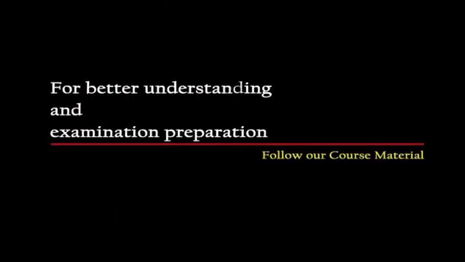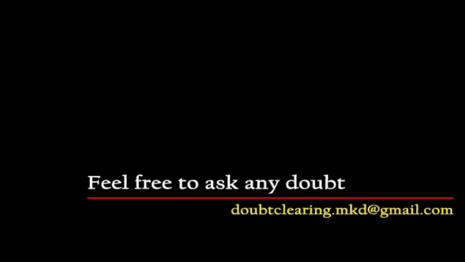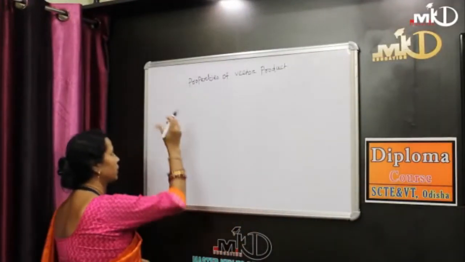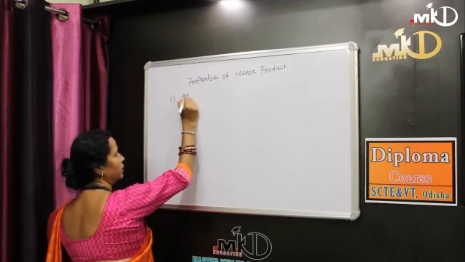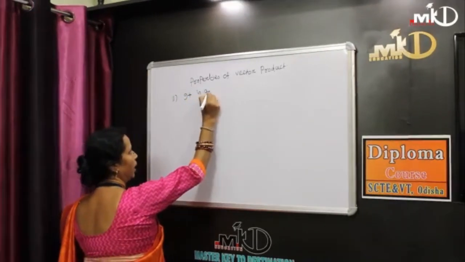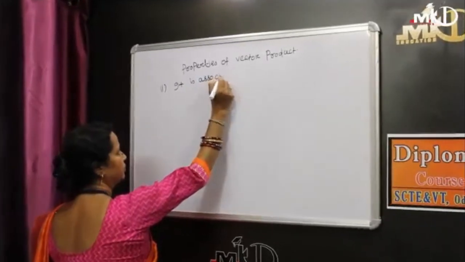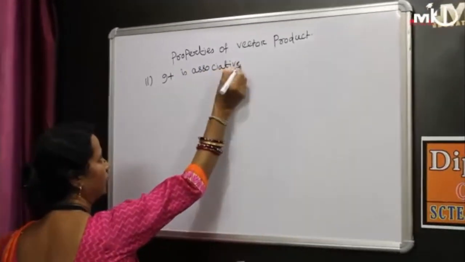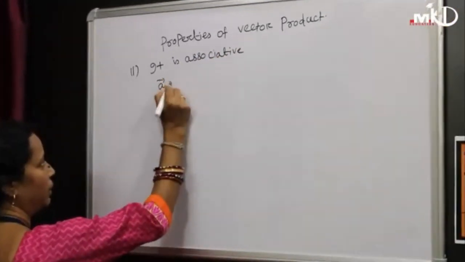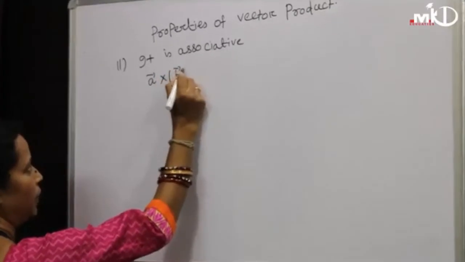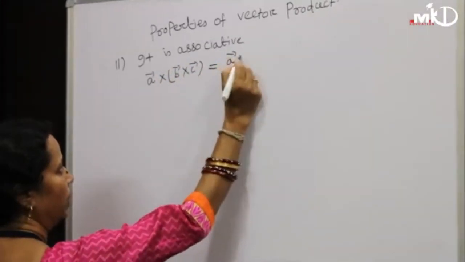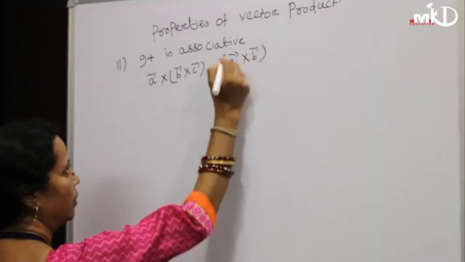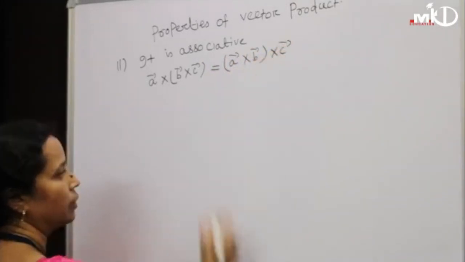The vector product is not commutative, but it is associative. The second property, that is, it is associative. That is, A bar cross B bar cross C bar is equal to A bar cross B bar cross C bar.